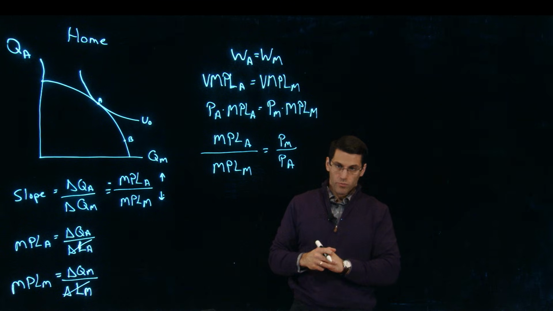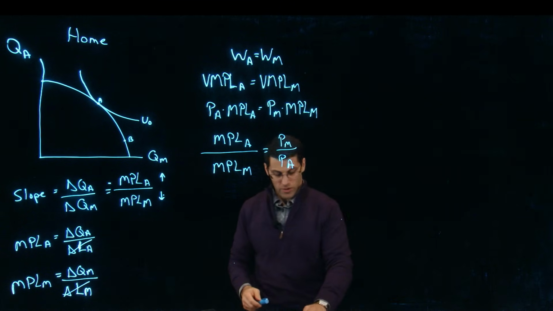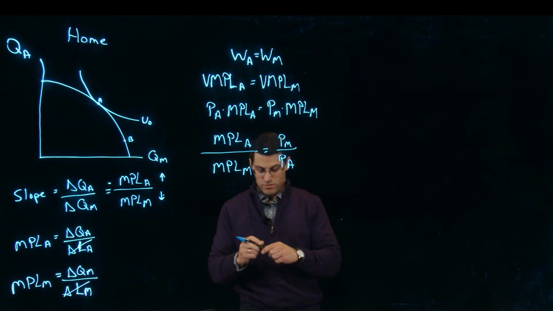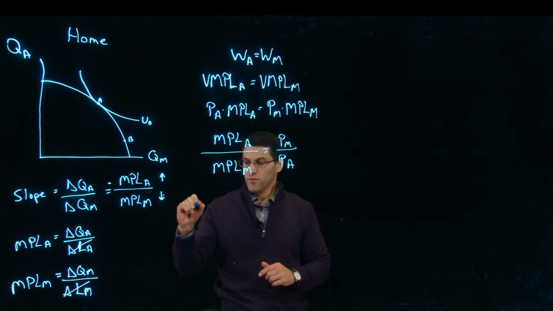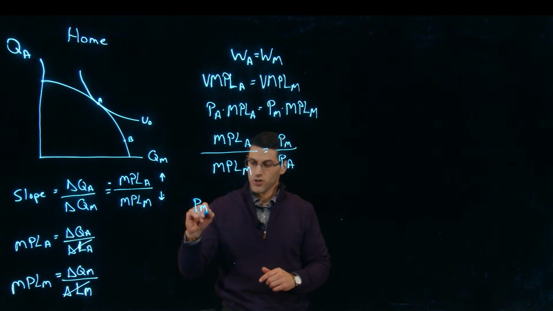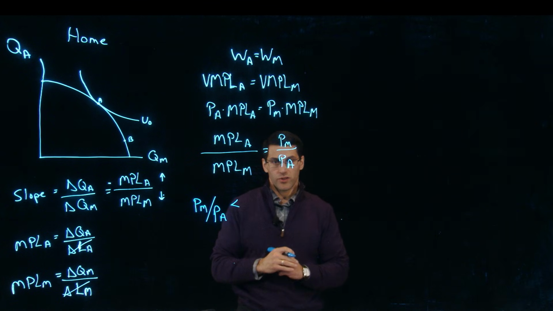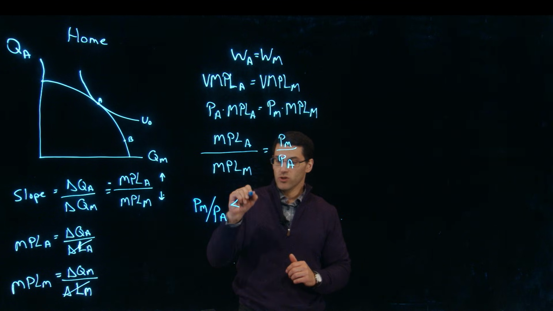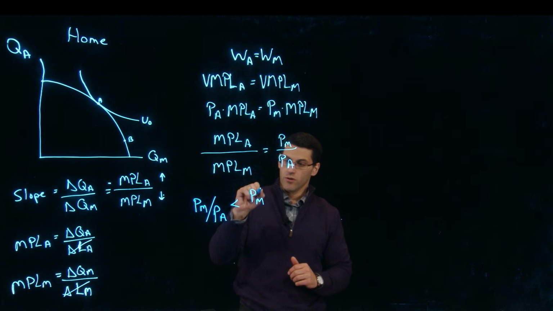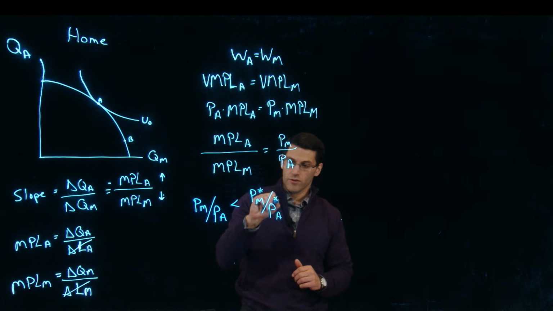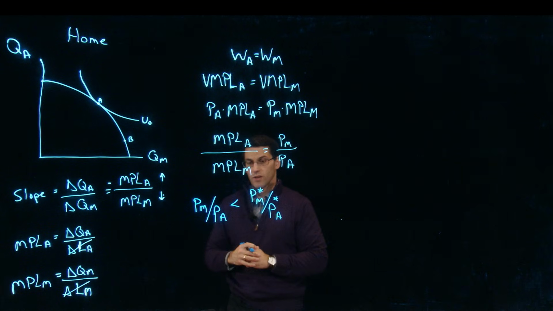We're going to assume, for the sake of this example, that the home country has its comparative advantage in manufacturing. In other words, we're assuming that the relative price for manufactured goods in autarky is lower for the home country than it is for the foreign country.